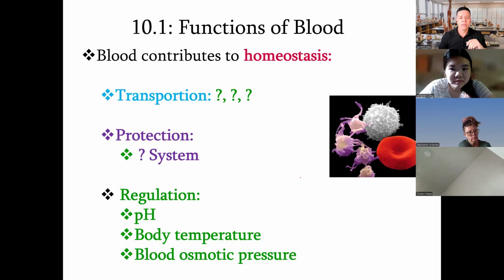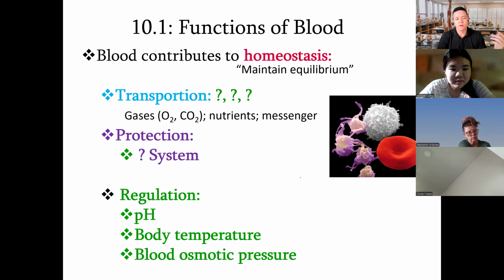Again, blood is going to help the transportation of gases like oxygen and CO2, nutrients, and messengers, hormones, and cytokines. Within our blood, we also have our protection system, our immune system. And we're going to talk more about the cells that are involved within the immune system, but that is a huge, huge function of our blood to help protect our body.